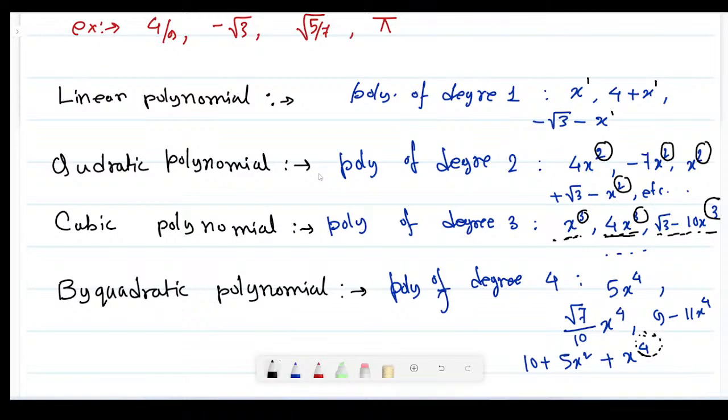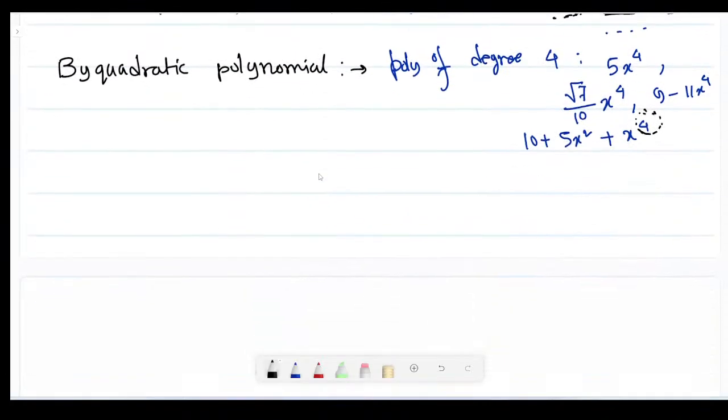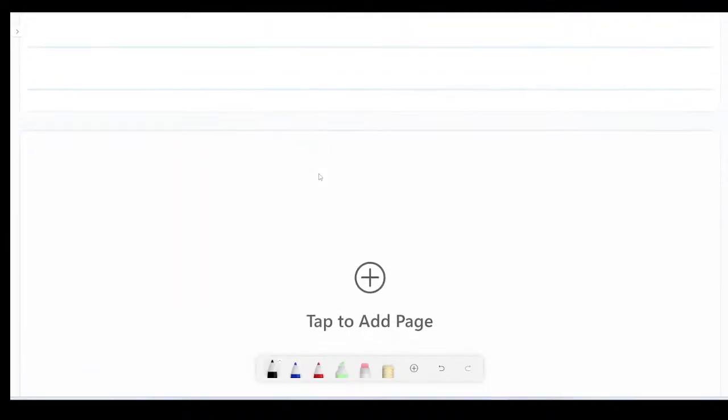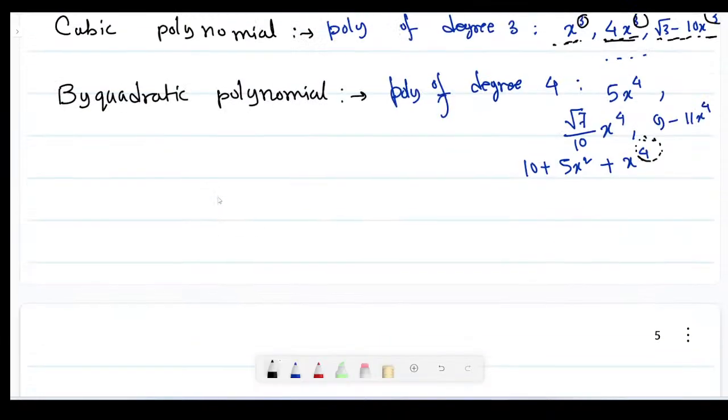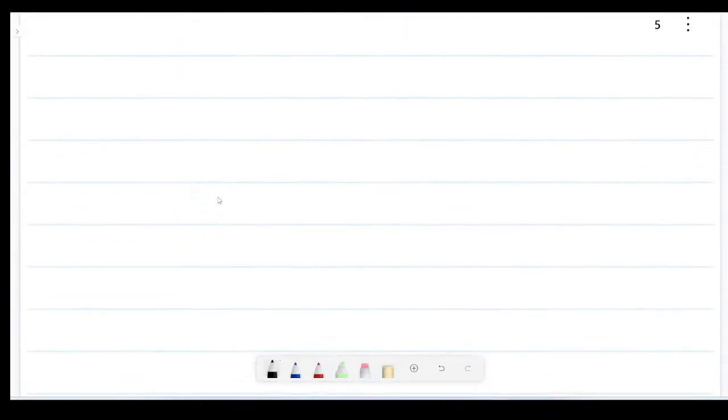That means the degree of the polynomial matters. If the degree of a polynomial is n, there may be variables of degree less than n also. So this does not make any difference. There are some examples I am giving to you, polynomials, and please tell me everybody's degree.